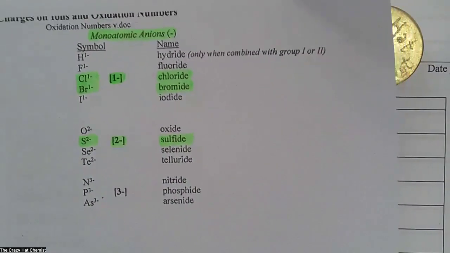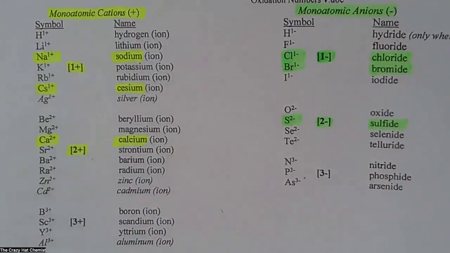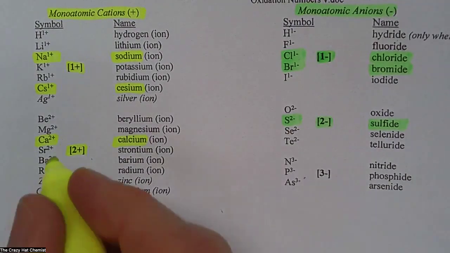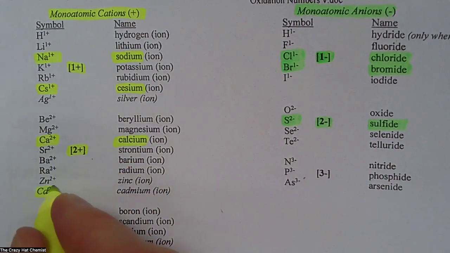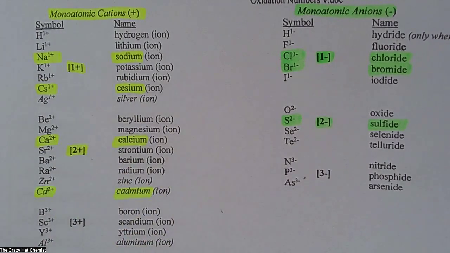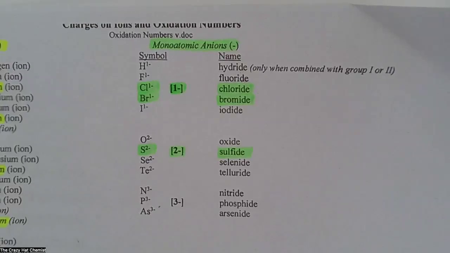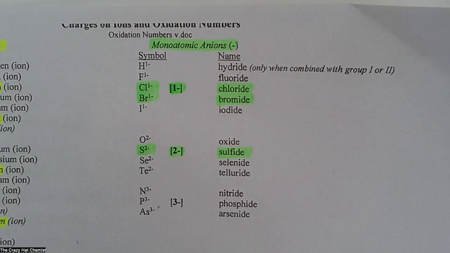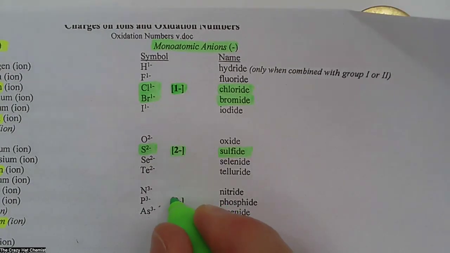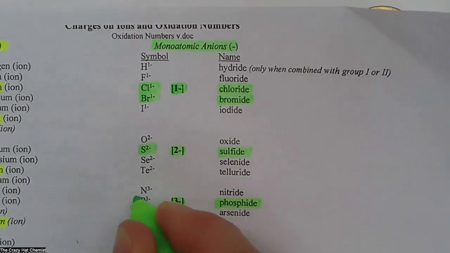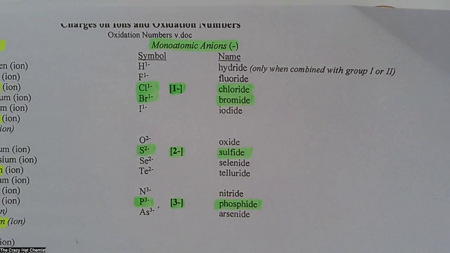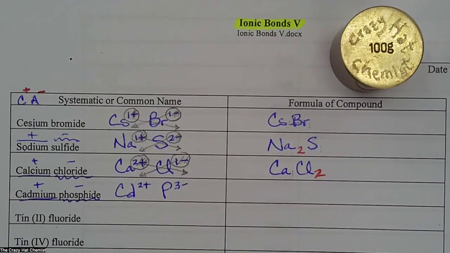So the first one was cadmium, and that is a monoatomic cation in the 2+ category. It's cadmium right there, Cd 2+. And then the second one was phosphide, and that is a monoatomic anion. And that would be a 3-. That's phosphide. That's a P and a 3-. So hopefully that's where you get both of those right there.